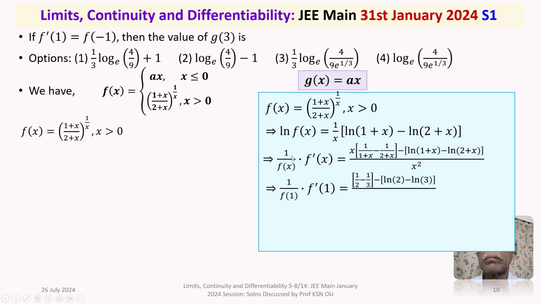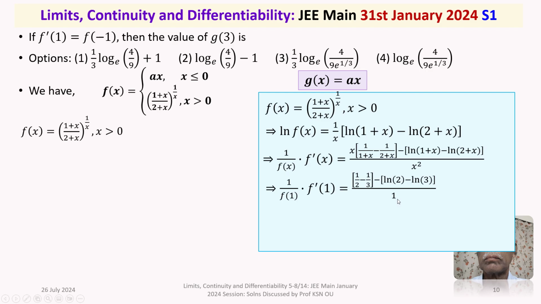Then you will get 1 by f of 1 into f prime 1 is equal to 1 into (1 by 1 plus 1, that is 1 by 2, minus 1 by 3) minus (ln of 1 plus 1, ln of 2, minus ln of 3) whole by x square, that is 1 square, that is 1.